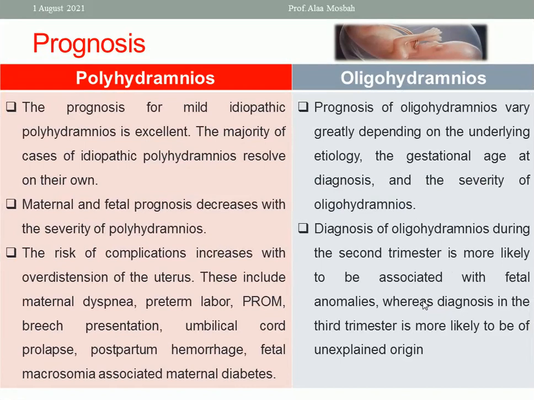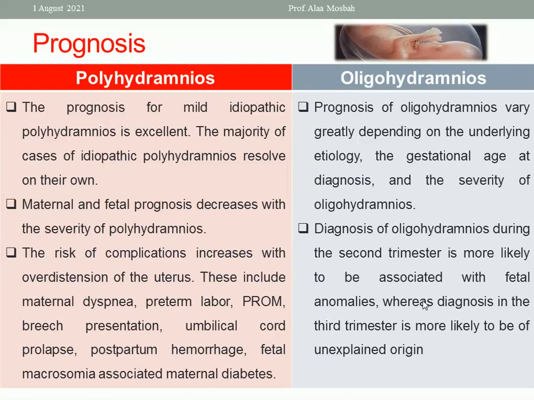What is the prognosis? As regards polyhydramnios, the prognosis for mild idiopathic polyhydramnios is excellent, and the majority of cases resolve on their own. Maternal and fetal prognosis decrease with the severity of polyhydramnios, because polyhydramnios affects the mother and the fetus.